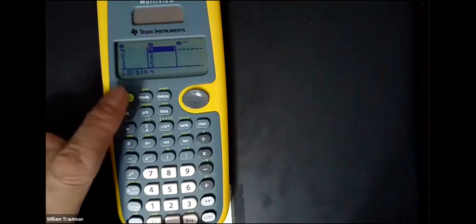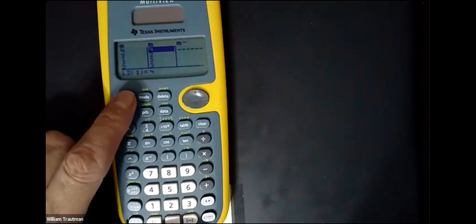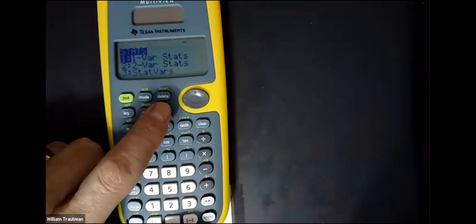On our calculator, we hit second data, which is stats, 1-Var Stats, hit enter. If you notice, I have L2 now highlighted because I have something in my list 2. So when I hit enter and enter, it gives me the average, which is your GPA, 2.923. The same thing I got.